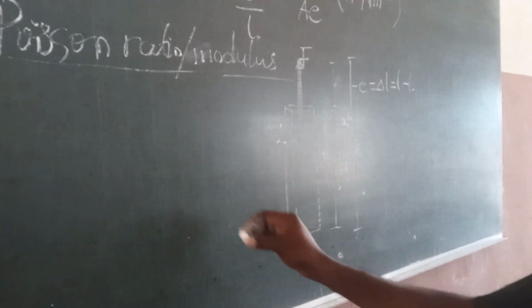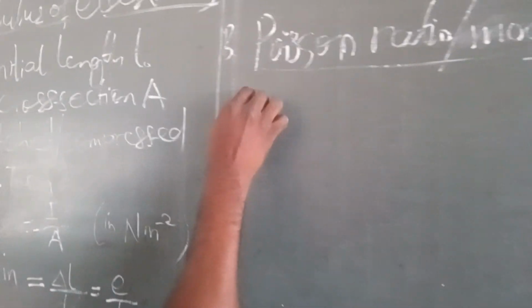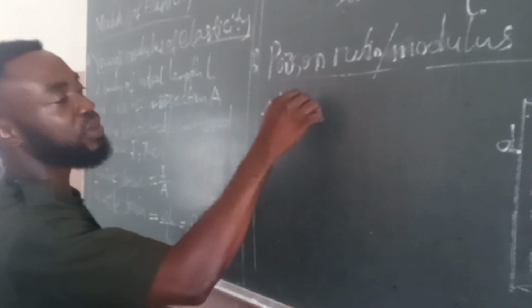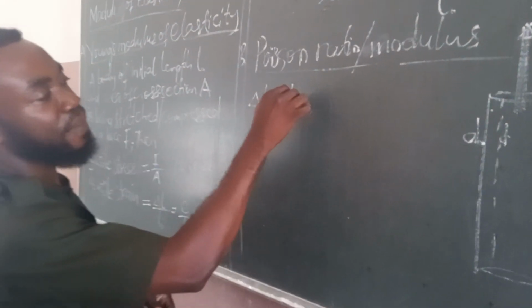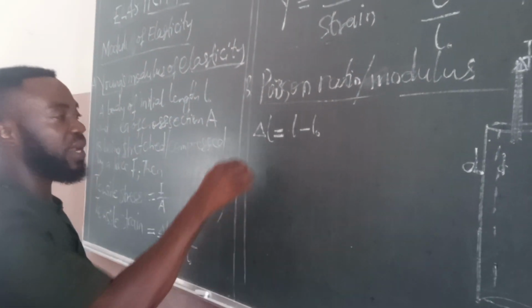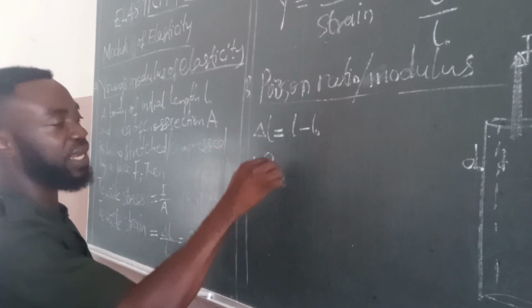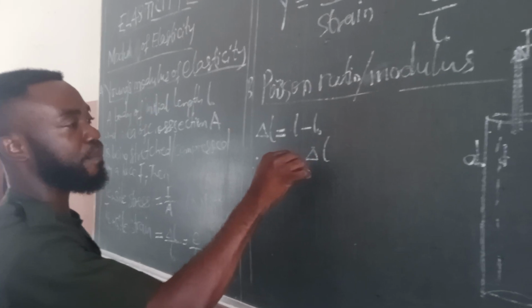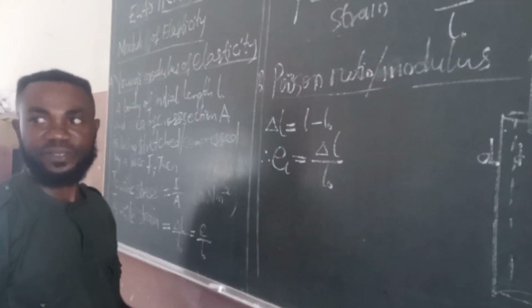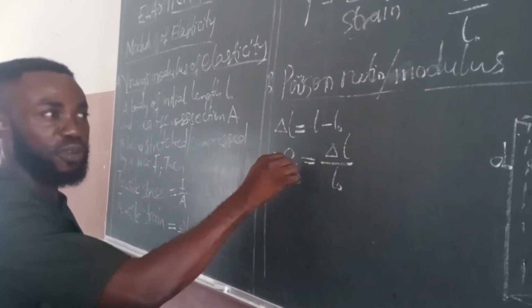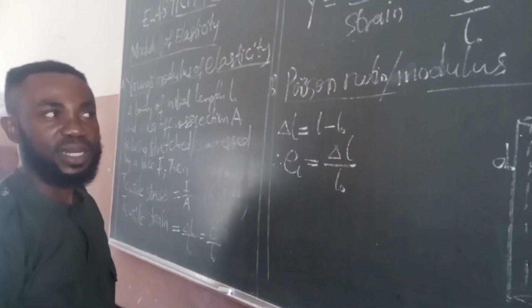The change in length we now summarize as follows. The change in length is equal to L minus L0. And therefore, the fractional change in length is given like this. All right, that's the deformation produced along the length axis.